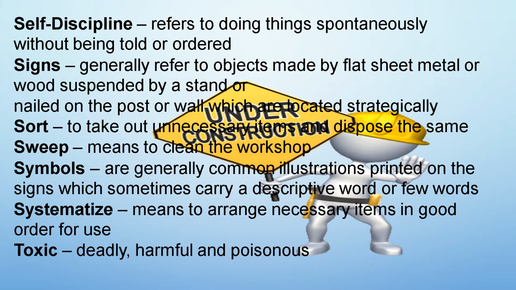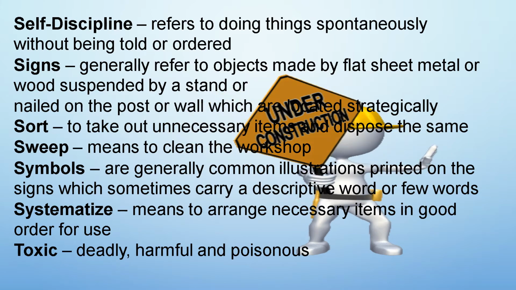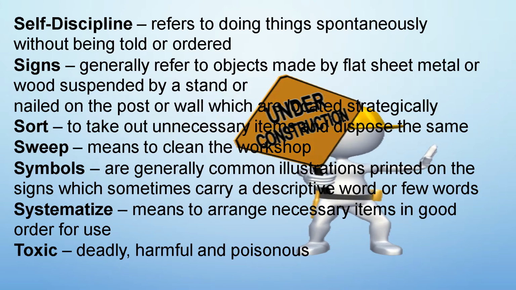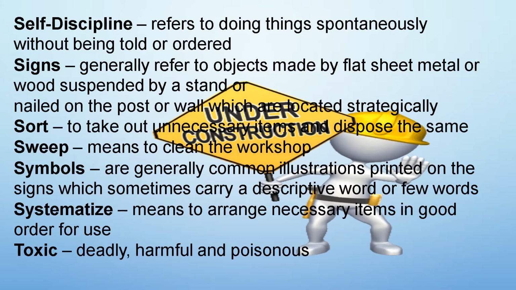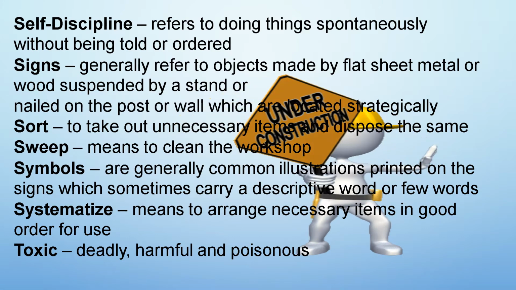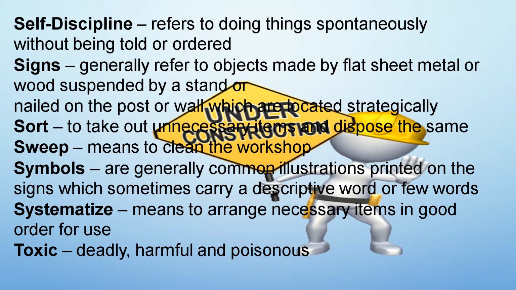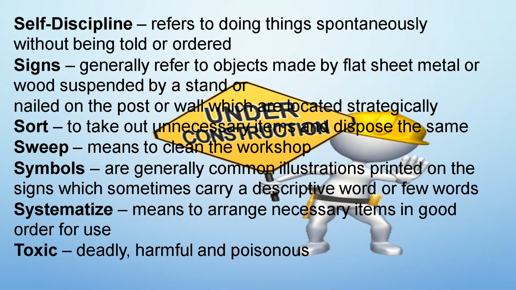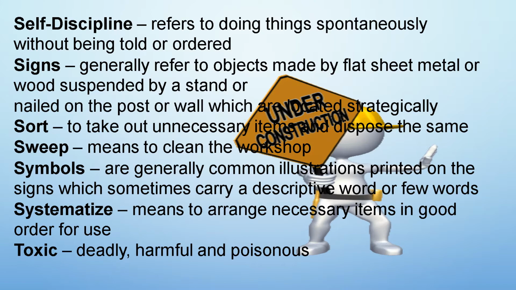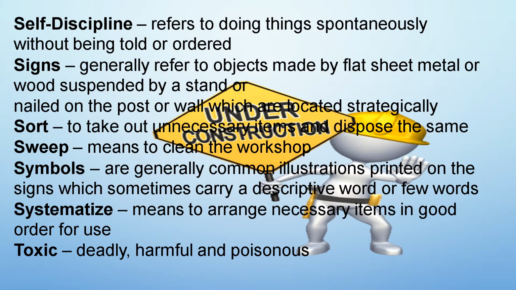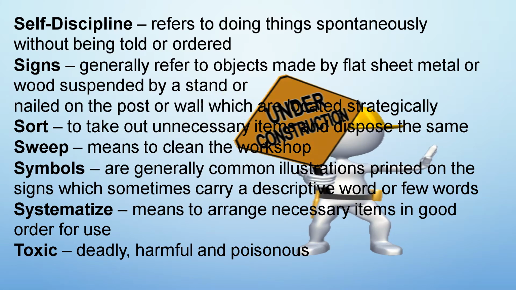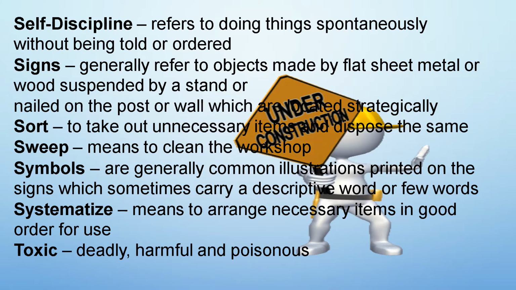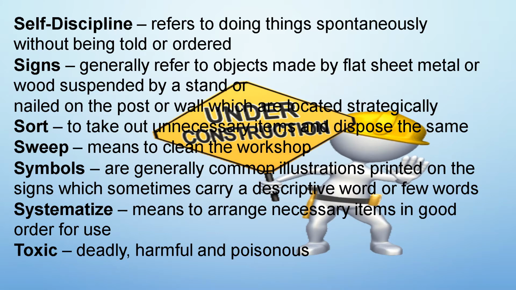Symbols are generally common illustrations printed on the signs which sometimes carry a descriptive word or few words. Systematize means to arrange necessary items in good order for use. And last but not the least, we have toxic, deadly, harmful, and poisonous.